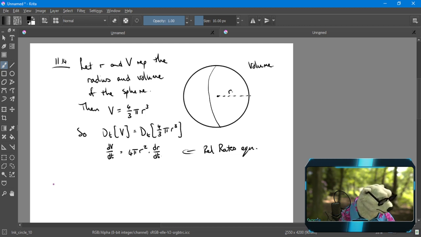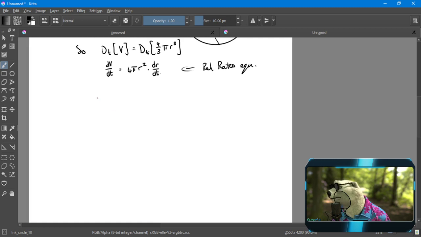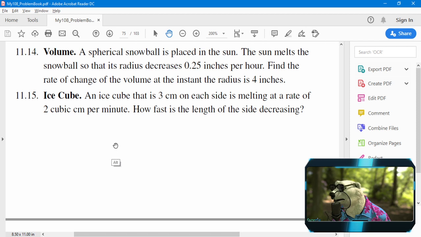Then, let me scroll up. We need to see at some point in time, they're giving me some extra information and asking me for something. What is that something? The sun melts the snowball, so its radius decreases at 0.25 inches per hour.